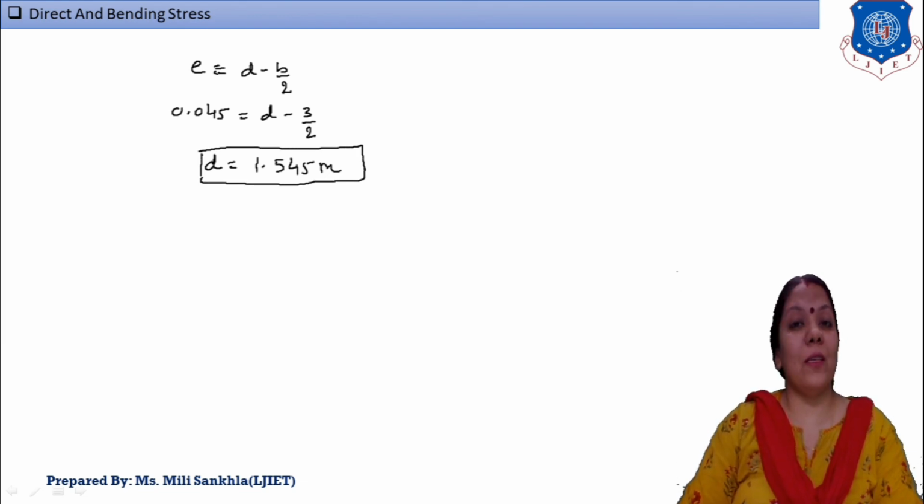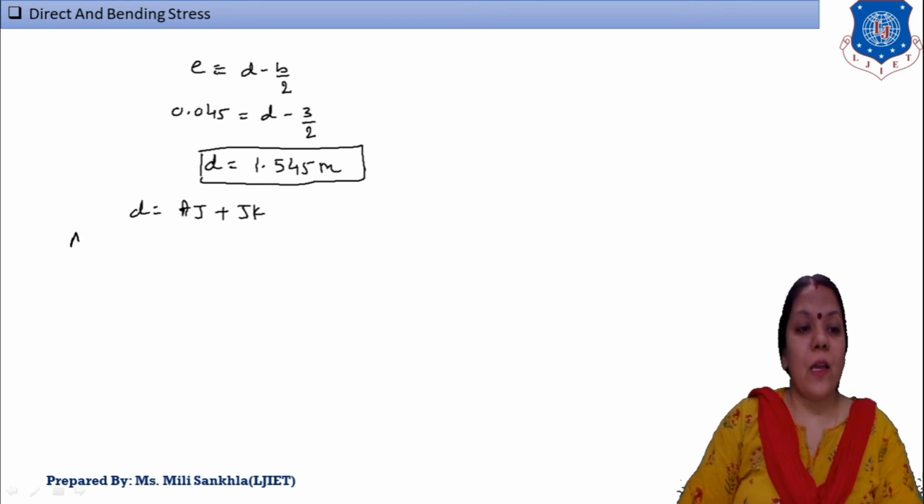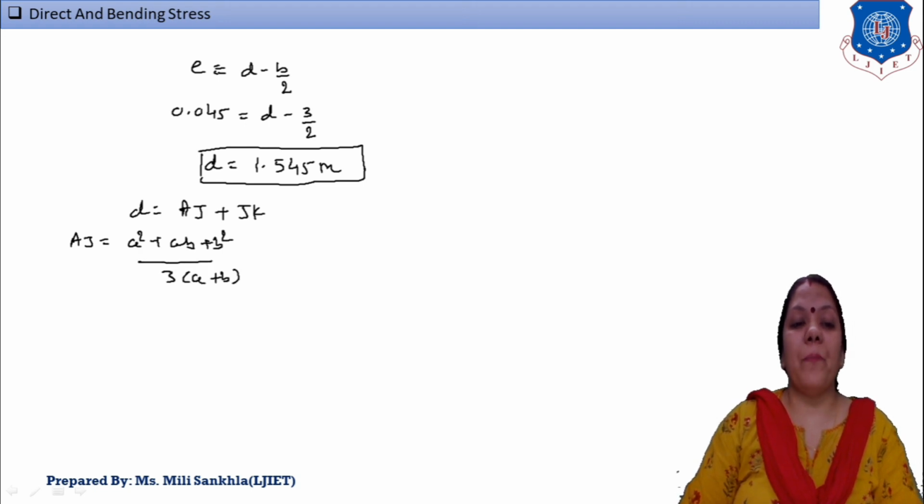Now again, what is D? D is equal to the summation of AJ plus JK. Now here the answer of D is present, and AJ and JK. Now first of all we find out AJ. Write down here. AJ is equal to the CG of retaining wall, (A square plus AB plus B square) divided by 3 (A plus B).